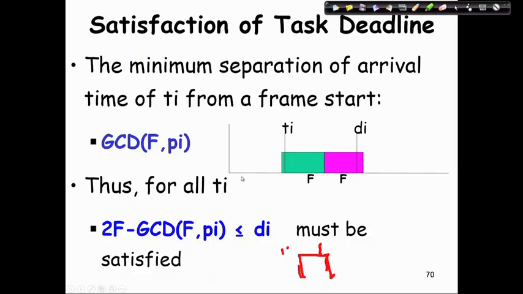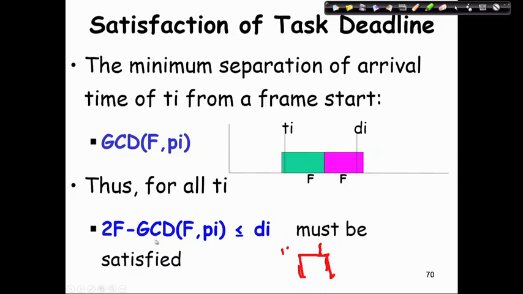So, considering the worst case situation, we have f minus GCD(f, pi) as the waiting time here, because the task cannot be taken up for scheduling during this duration, and therefore, it must wait for f minus GCD(f, pi), and then we must have another clear frame.